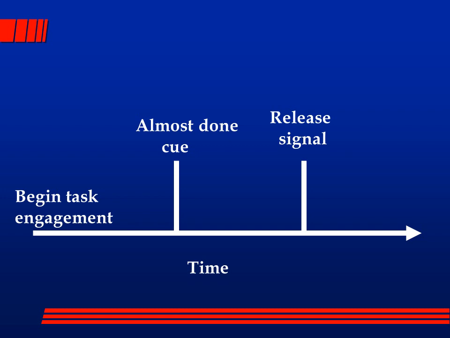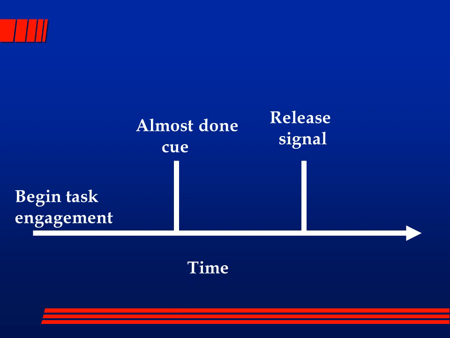So with one young man, I would simply say, okay, you want a break? Okay, let's finish these two. Then you'll be done. So I'd have him do two things, then I'd have him do three, and I would very slowly increase the time between asking for a break and actually getting a break, to the point that it was a more functional skill. It was something that he could handle if he had to wait.